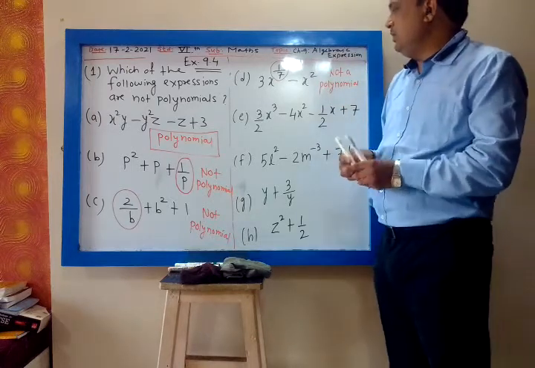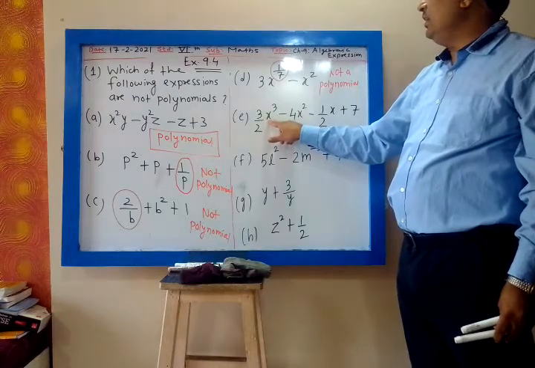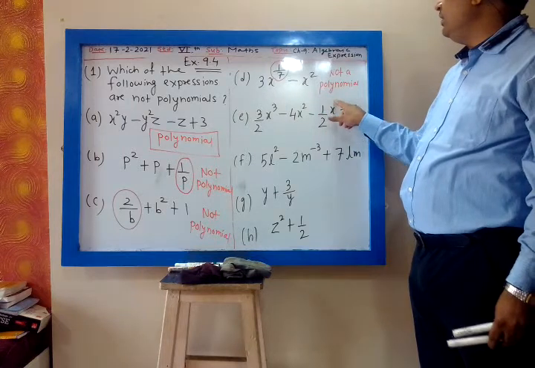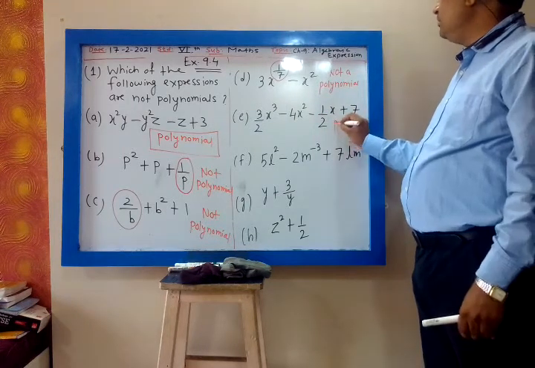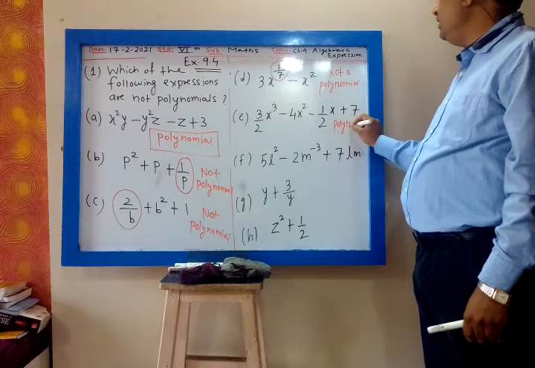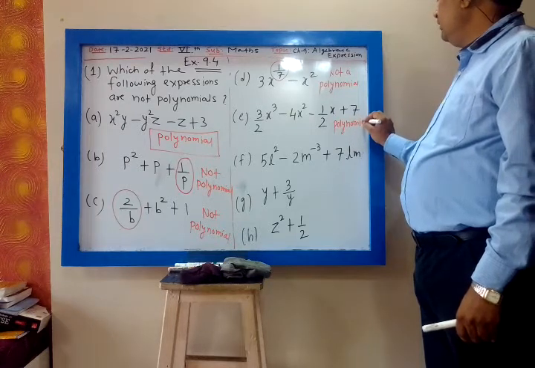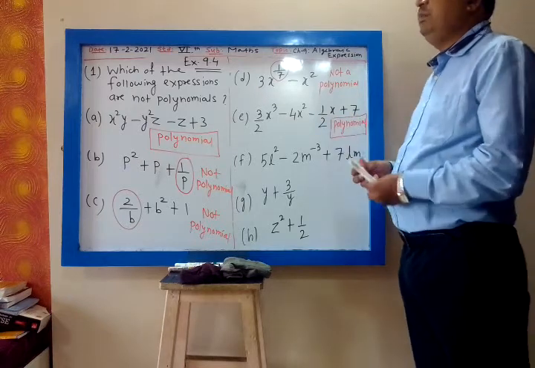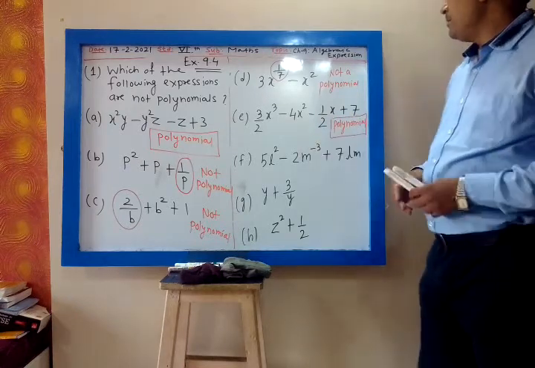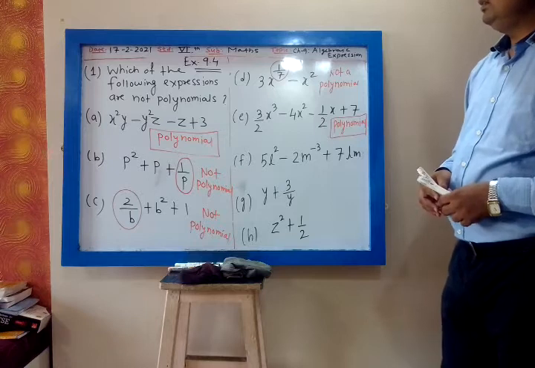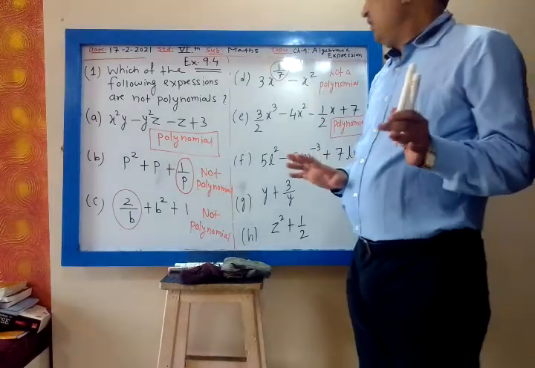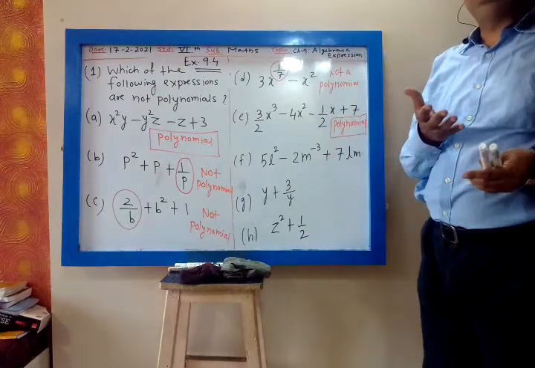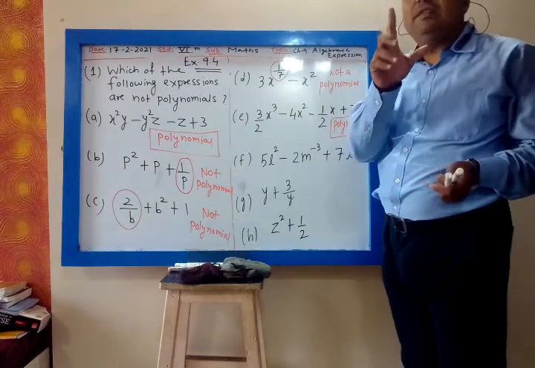Next one is polynomial because you can see the variable x in the numerator with power 3, power 2, power 1. The variable is in the numerator and all are having positive power. No, my dear.